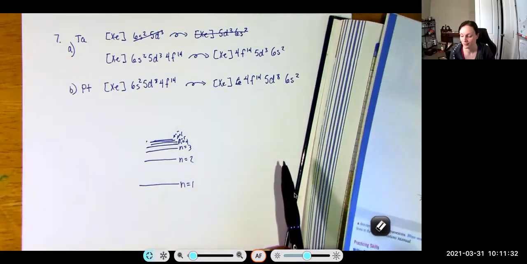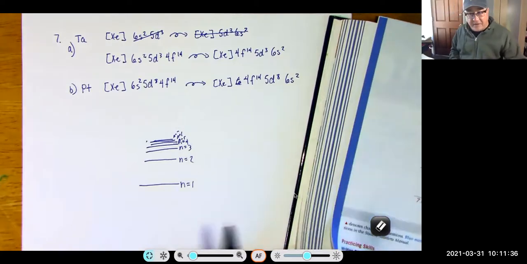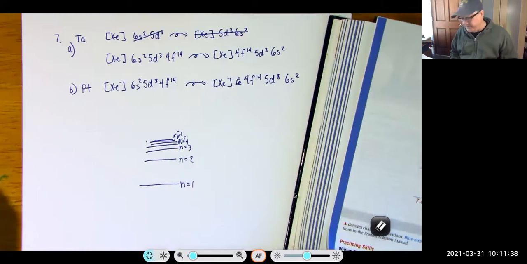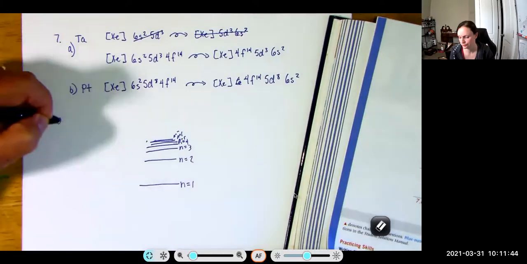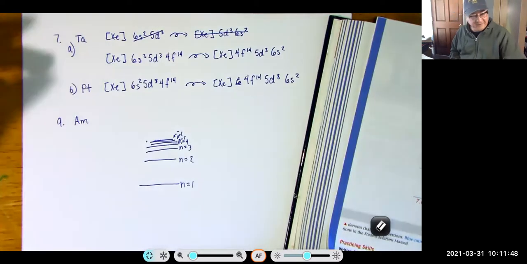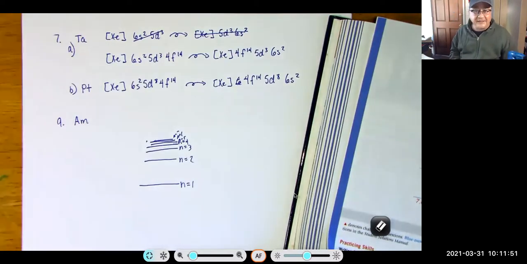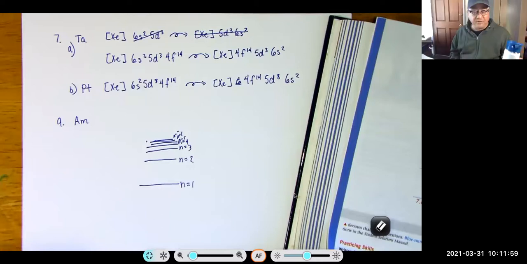Noble gas and SPDF. Okay, that's good, because sometimes they do it the other way around and it's backwards. It's not really well written. It makes it sound like they want both. And if they do want both, then they should write two sentences: give the SPDF notation without the noble gas, and then give the noble gas and remainder in the SPDF.